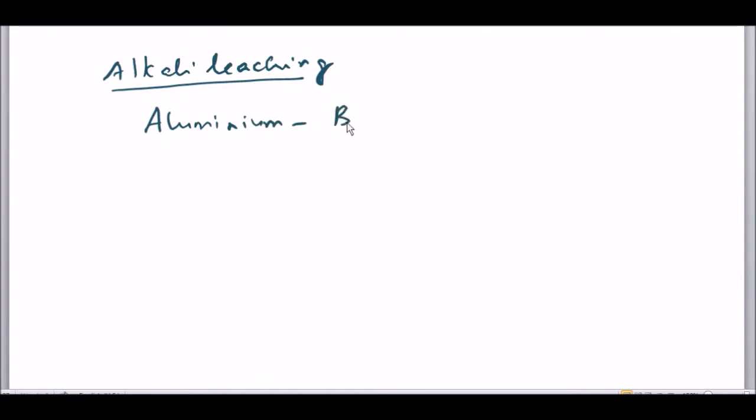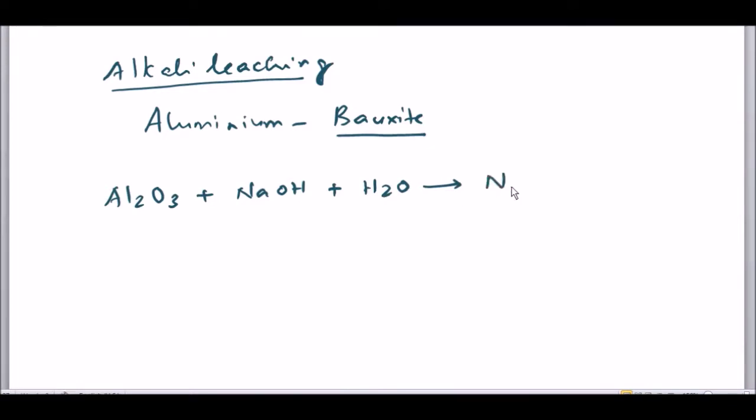It has the ore called bauxite ore. It can be leached with the solution of sodium hydroxide. You see Al2O3, the bauxite, on treatment with the sodium hydroxide solution, NaOH. Solution means it should have enough water so that it forms the complex compound as follows: NaAl(OH)4 aqueous. It is getting dissolved.